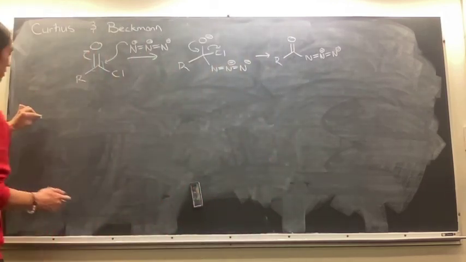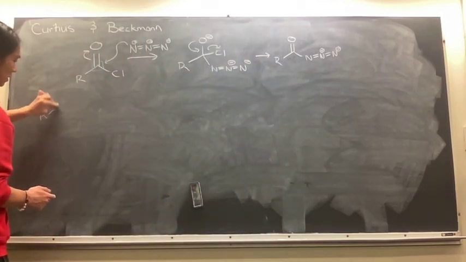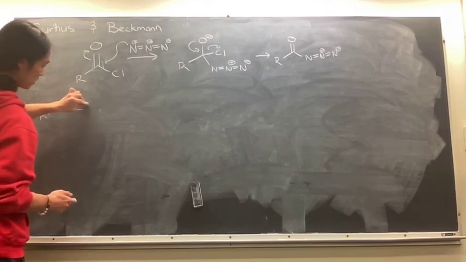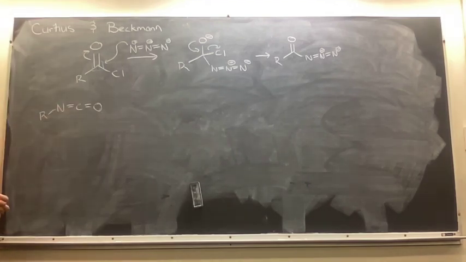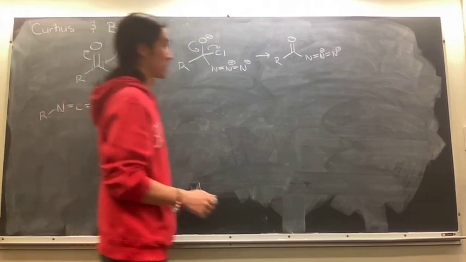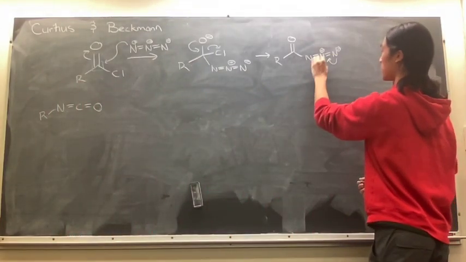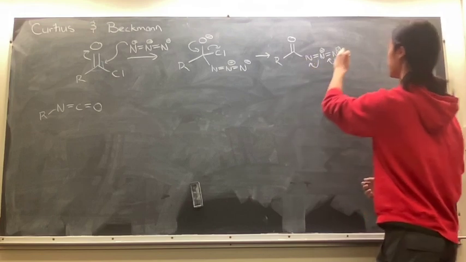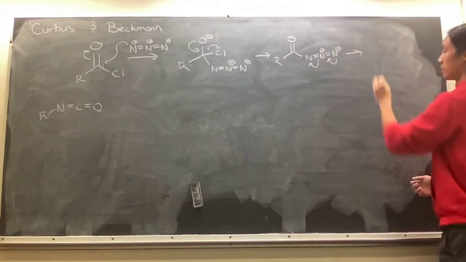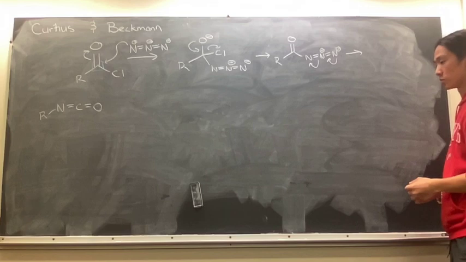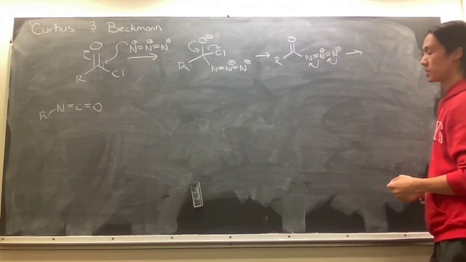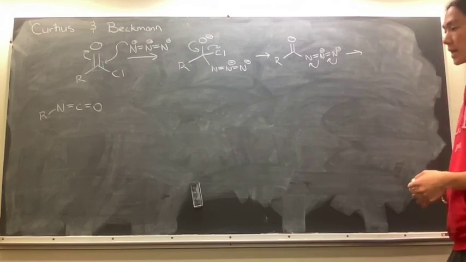So for context, our isocyanate is something of this form. So I'm going to resonate this down and this here, because once again, similar to what we did in the Schmidt, we're trying to get that N2 leaving group.